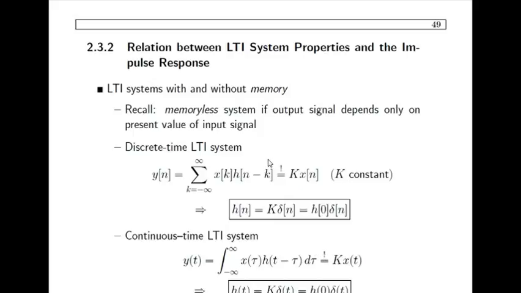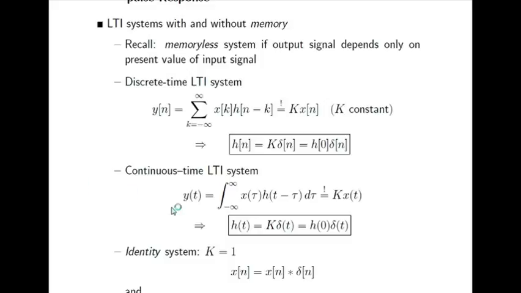So if I put k delta of n in place of h of n, then at n equals 0 only this will exist, delta of n will be 1 and the resulting output will be k x of n. Similarly, for the case of continuous time LTI systems, you can check that.